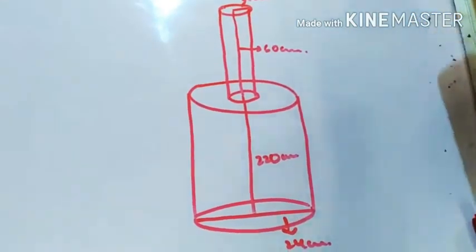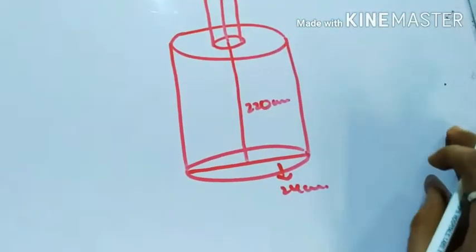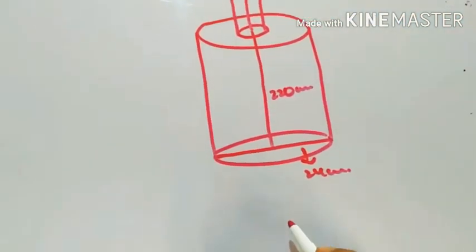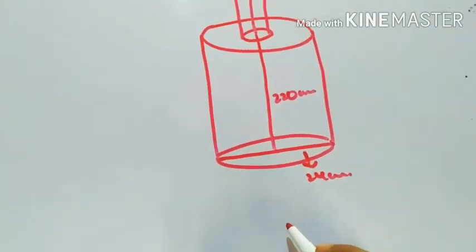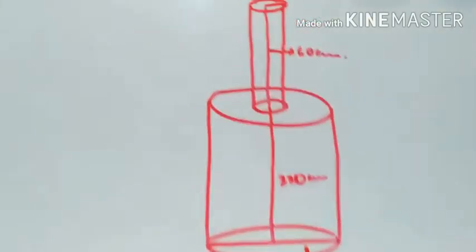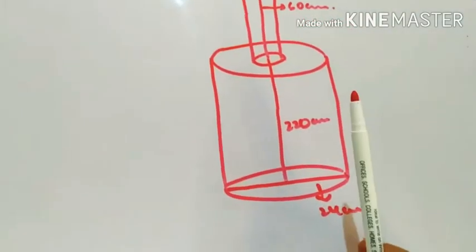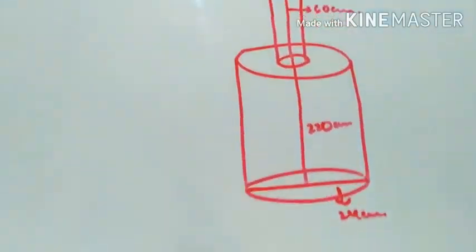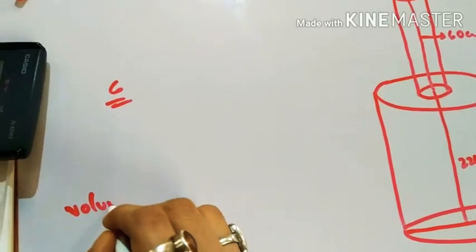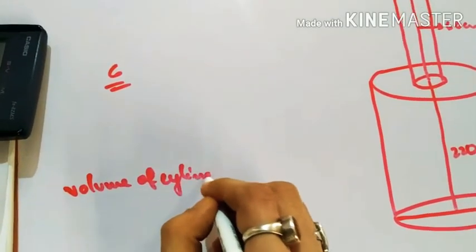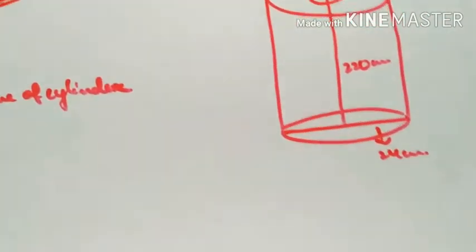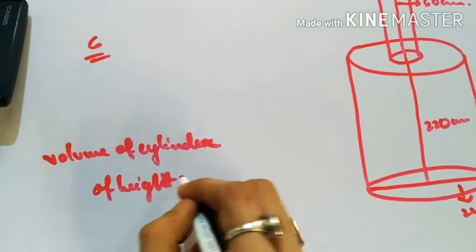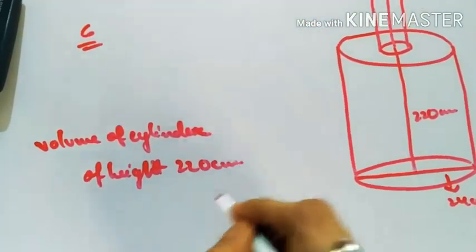What I have to do is find the mass of the given pole, given that 1 centimeter cube of iron has approximately 8 gram of mass. First of all I will have to find the volume of this cylinder, then the volume of the other cylinder, then add them together.